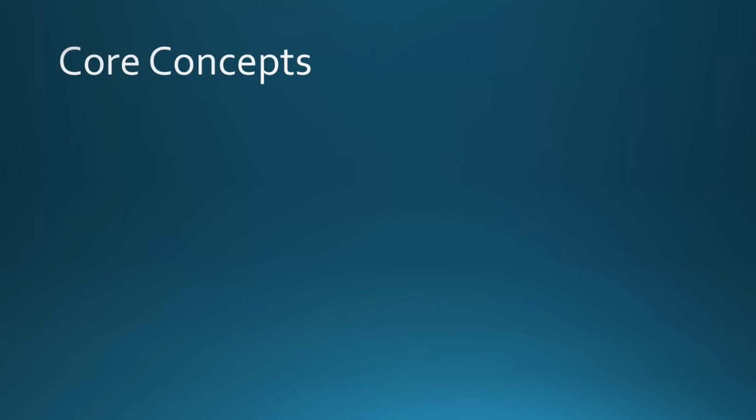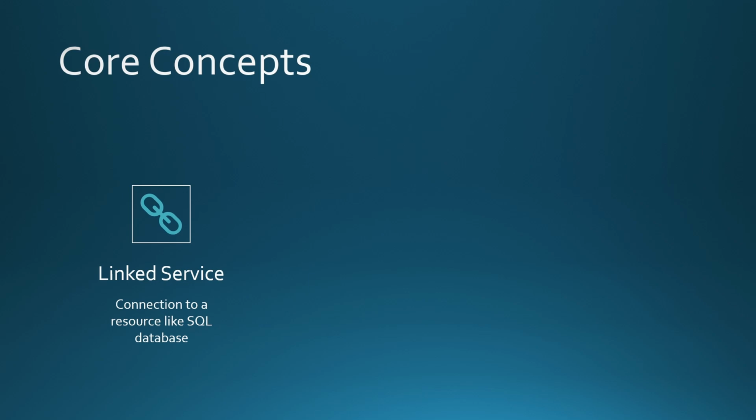Okay, let's cover Data Factory's core concepts in a bit more detail. Let's start with the linked service. Basically, linked service is a connection to an external resource like SQL database. And then we have a dataset, which is kind of a metadata about the actual data in some linked services. You can think of it as an instructions for Data Factory to receive data.